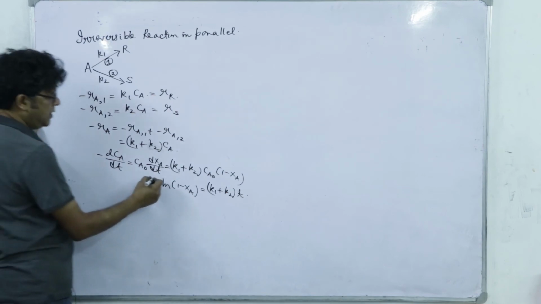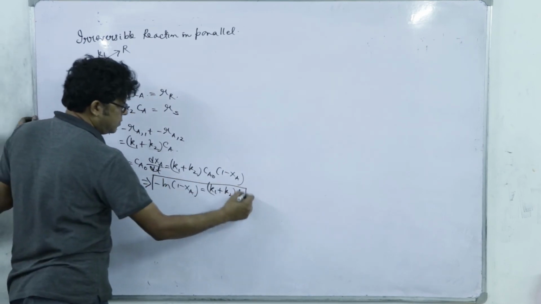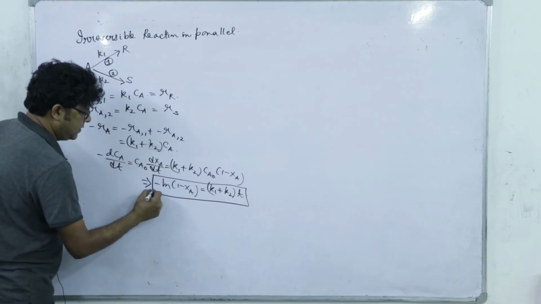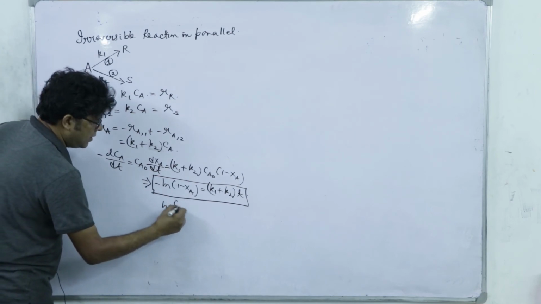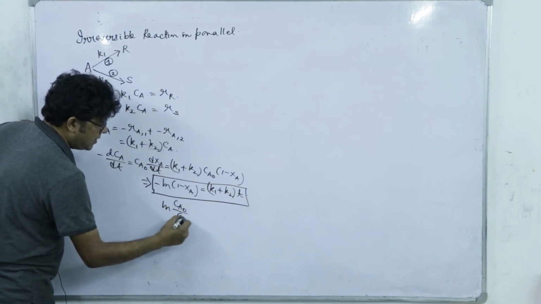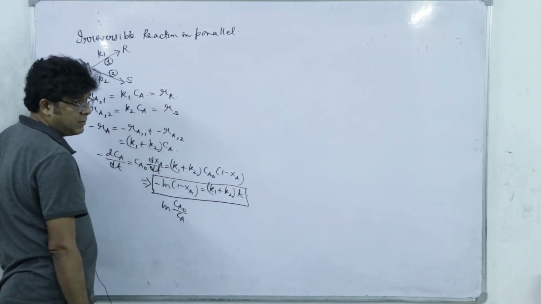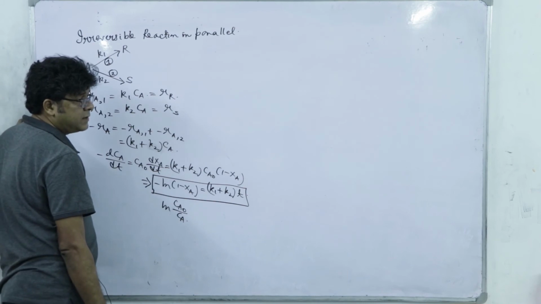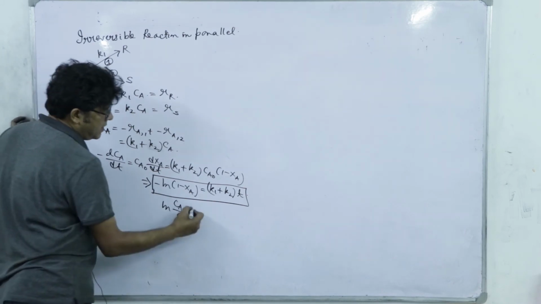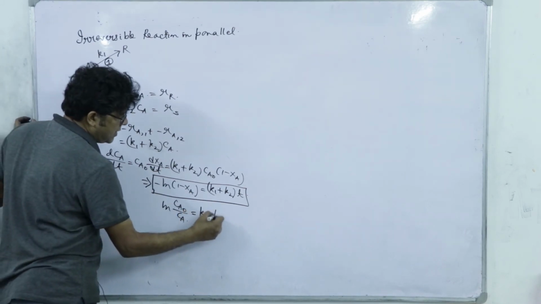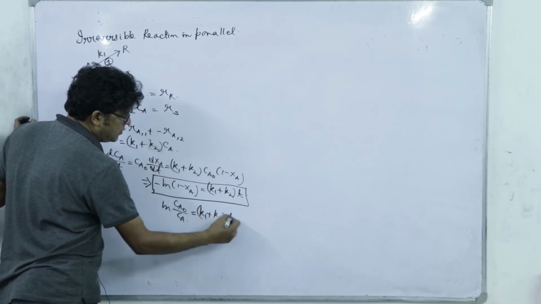So that is for A, or alternatively we can write this as ln of CA0 by CA, because this is ln of 1 divided by (1 minus XA). So ln CA0 by CA is equal to (K1 plus K2) into t.